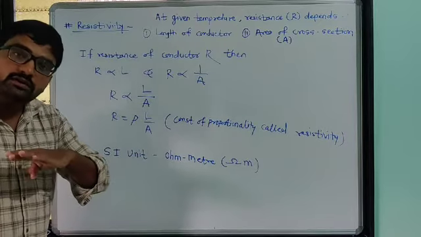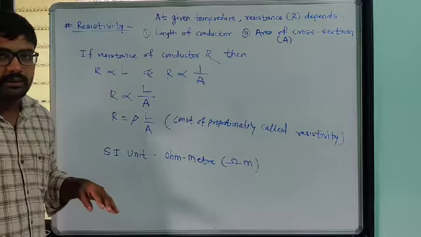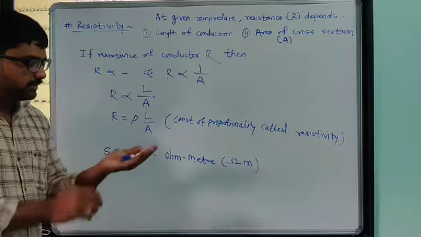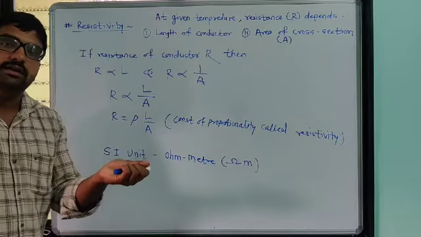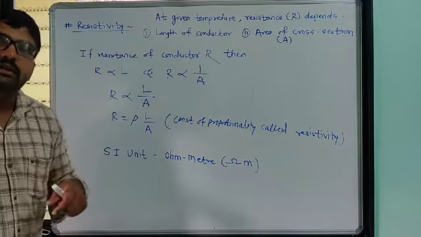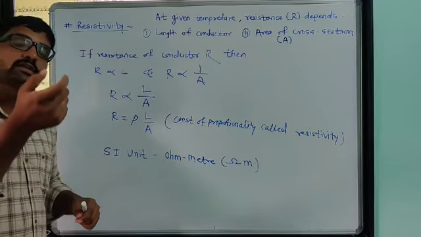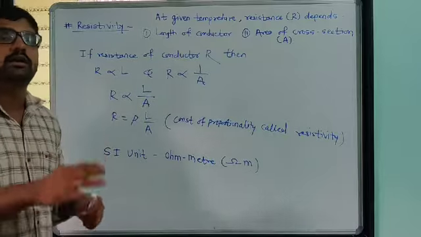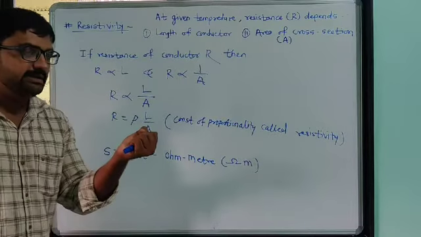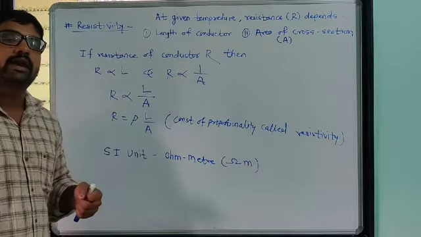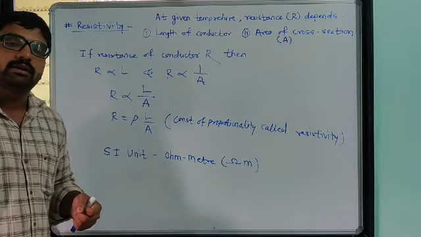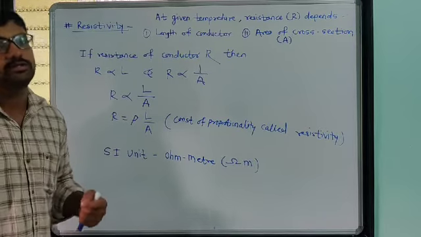It is not the same for all elements. If we change the conductor, then its resistivity will change. So it is unique for a particular conductor. As the material changes, the resistivity of that particular material also goes on changing.